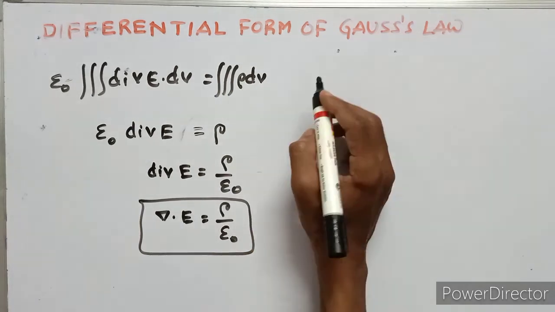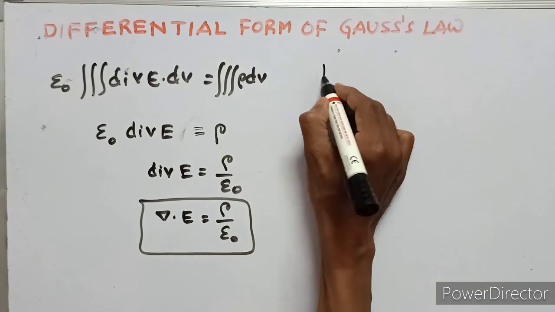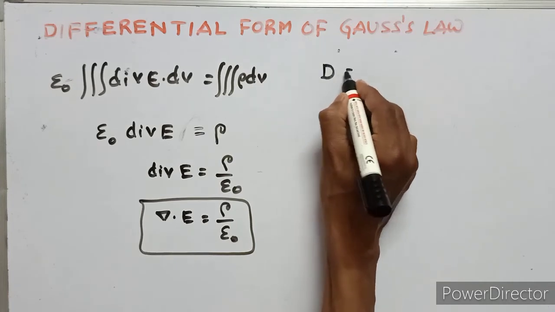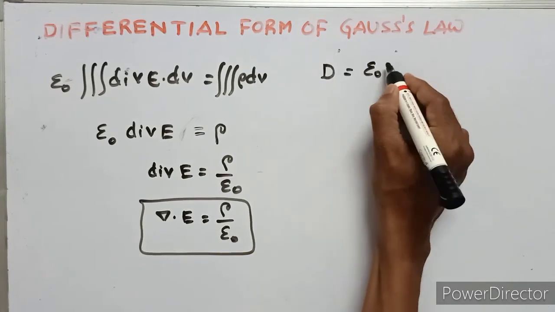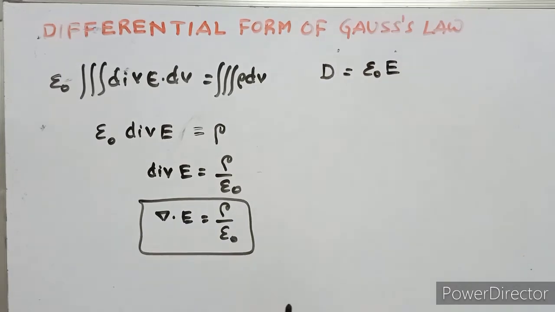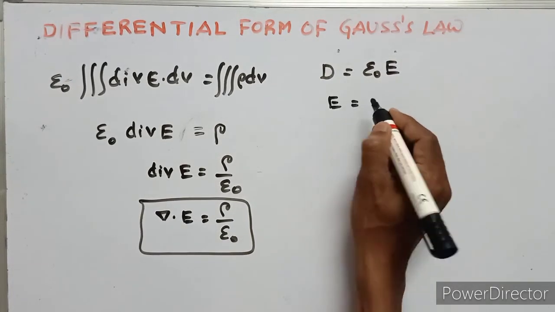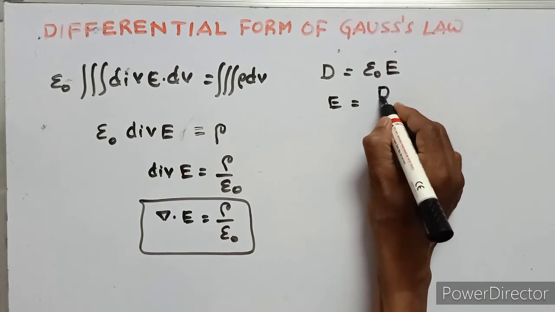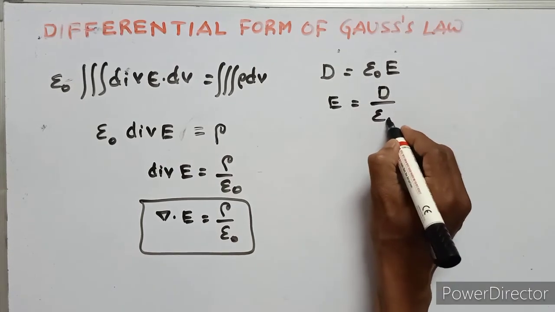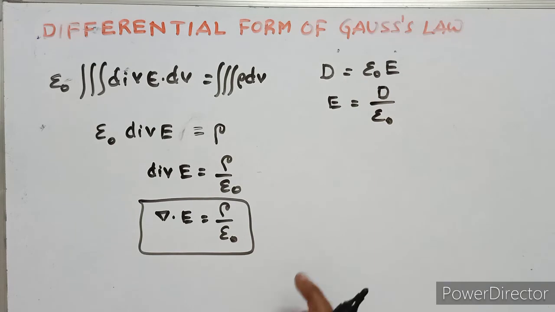But we know that the electric displacement vector D is equals to epsilon naught into E. Then electric field is equals to displacement vector upon epsilon naught.